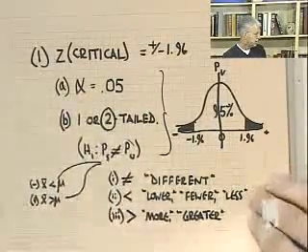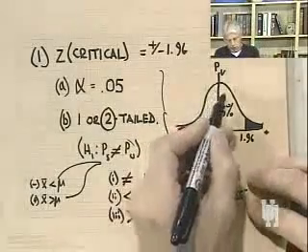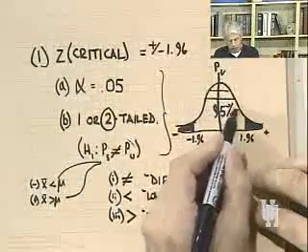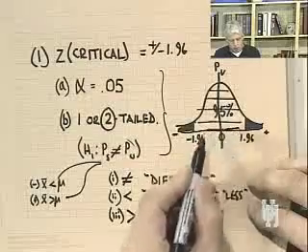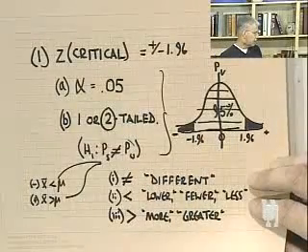If it's inside this area that I'm now putting lines through, you will fail to reject the null hypothesis.